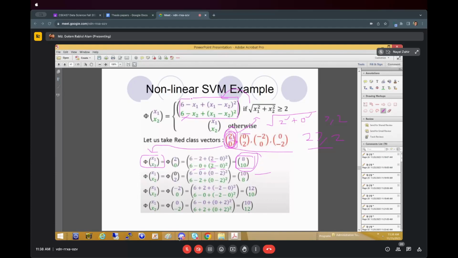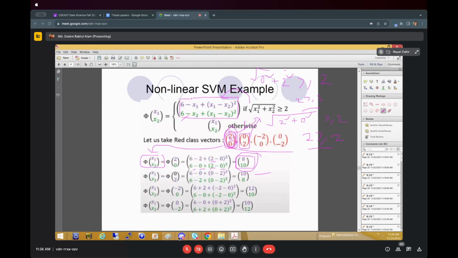Similarly, if we pass the second data point, at first we need to check the condition. We can see that it is square root of 0 square plus 2 square, greater than or equal to or not. It is 2 greater than or equal to, so this condition is true again.